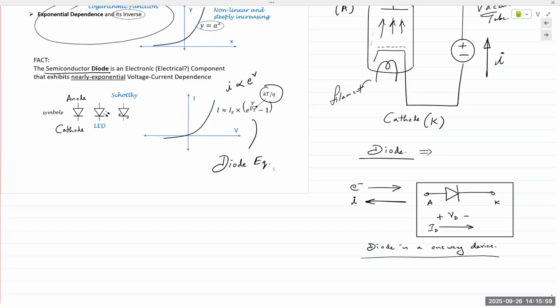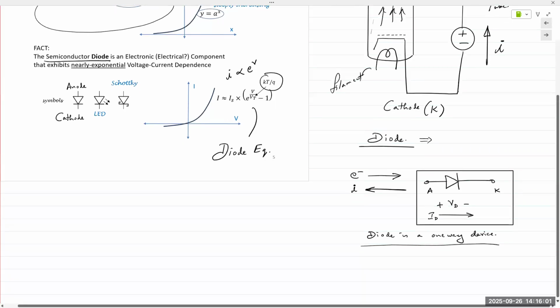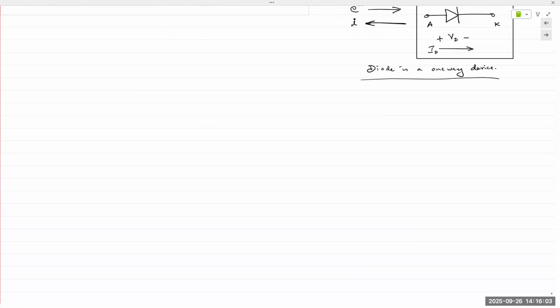So the device that converts, actually, let me write it down. AC to DC, it's a rectifier circuit, and DC to AC. Any guesses?